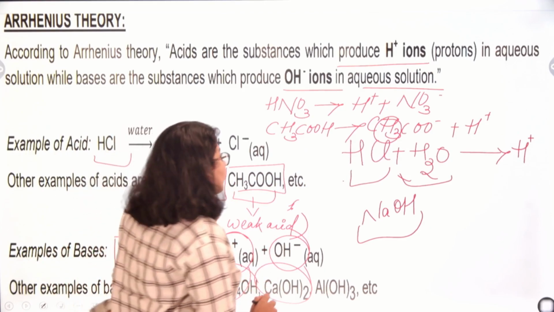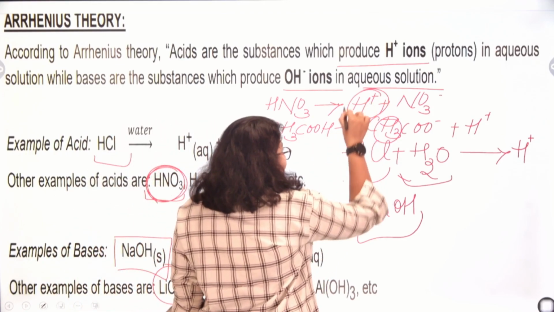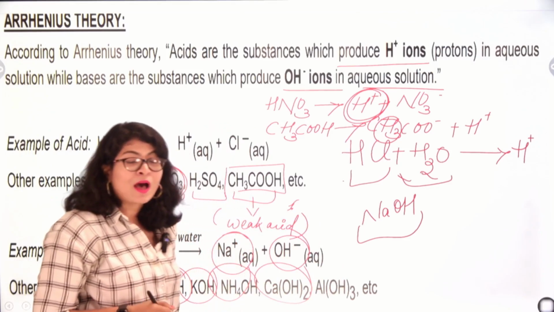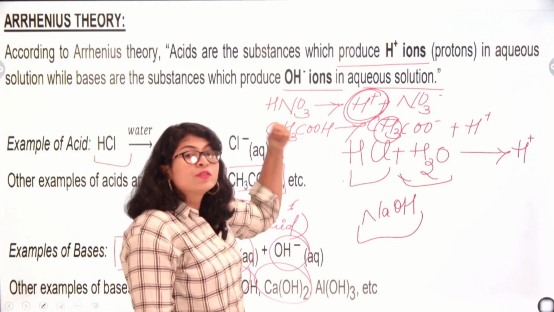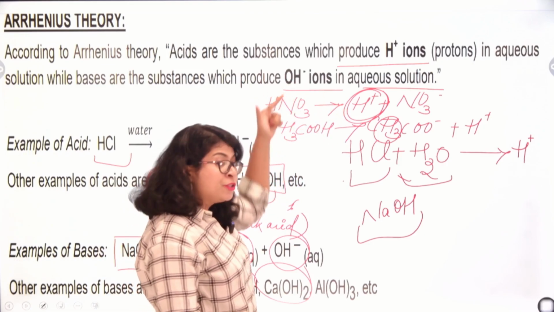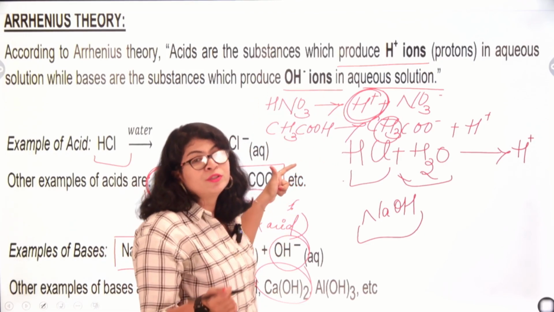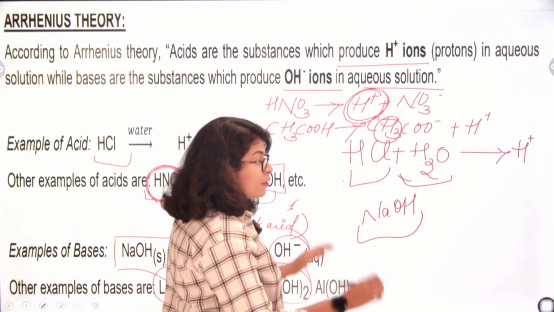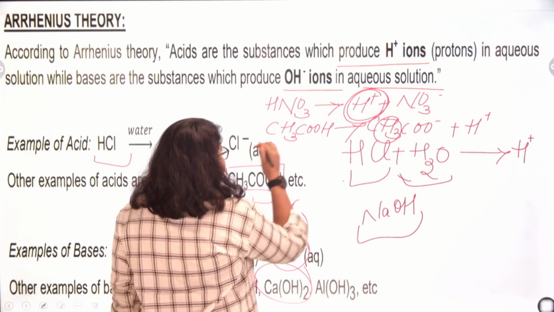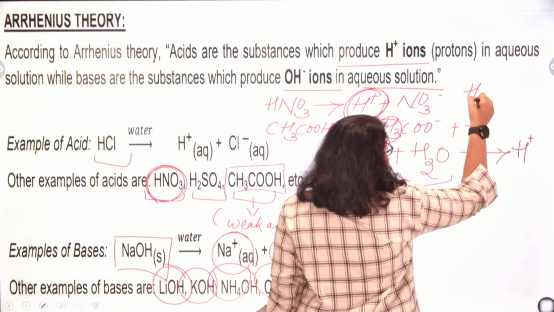Hence, if all the H+ protons are dissociated, then it falls under the category of strong acids, and if partial dissociation occurs, they fall under the category of weak acids.